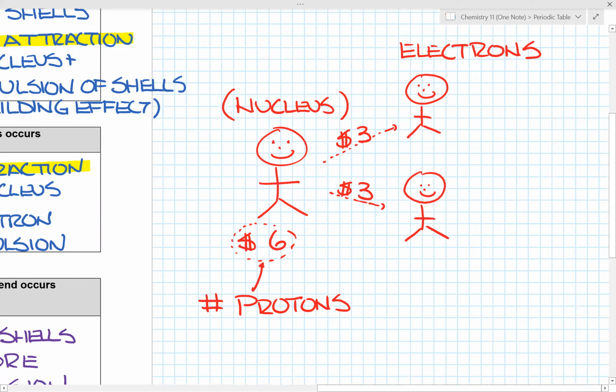Now, let's say this particular parent decides to adopt another child. Now the $6, or the 6 protons, let me just erase this, needs to be dispersed between 3 children. Each of them will get $2 a piece.